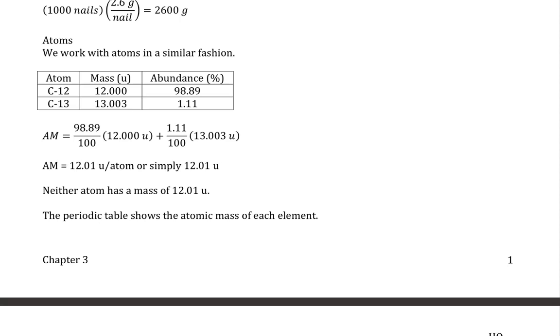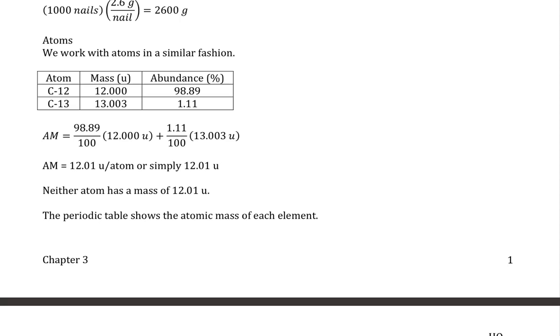Notice that because we're just considering those two isotopes of carbon, their abundances add to 100%. 98.89 plus 1.11 is 100. So the weighted average, the atomic mass of carbon, is then the abundance over 100 of carbon-12 times its mass, plus the abundance over 100 of carbon-13 times its mass.